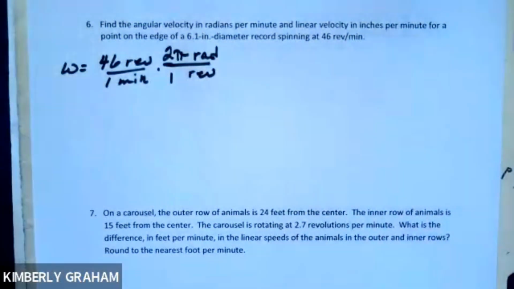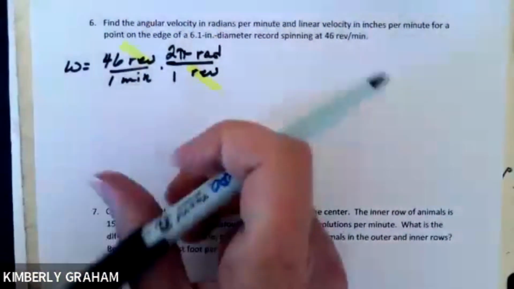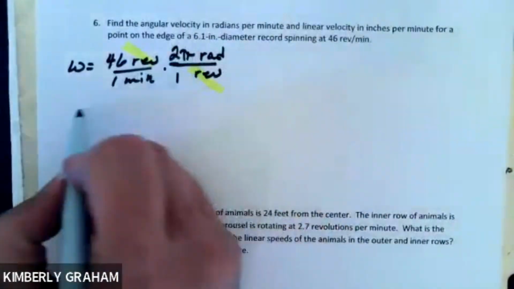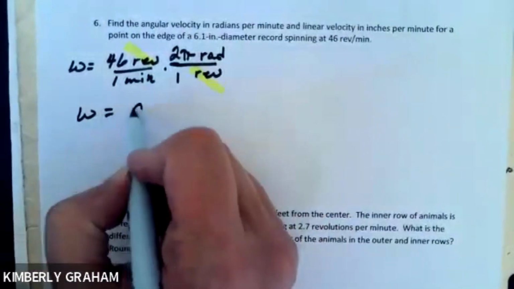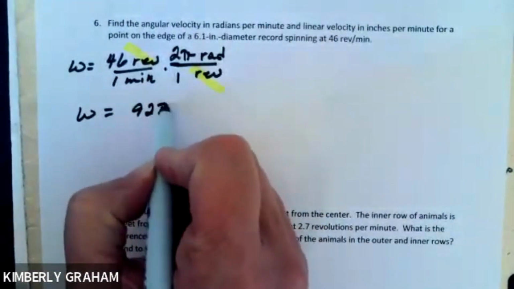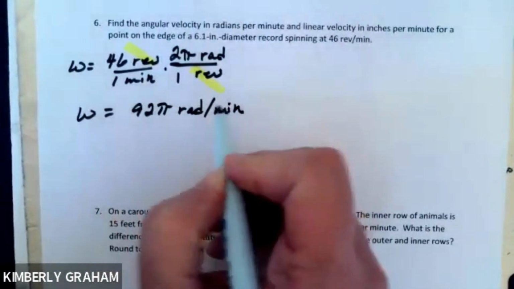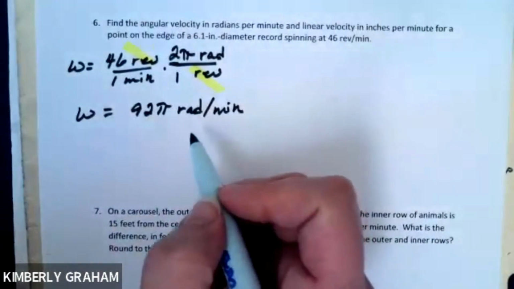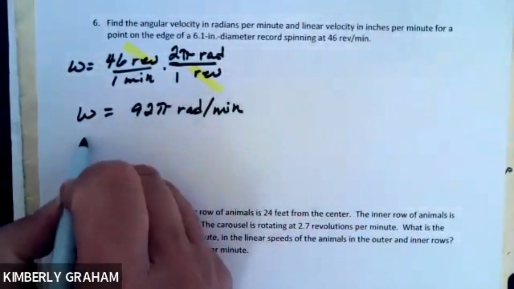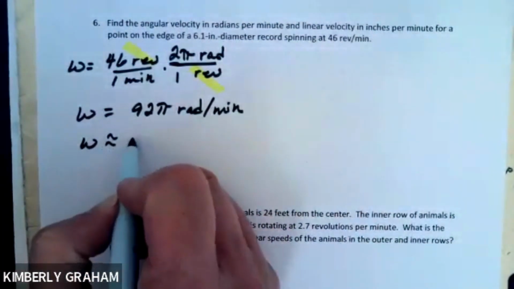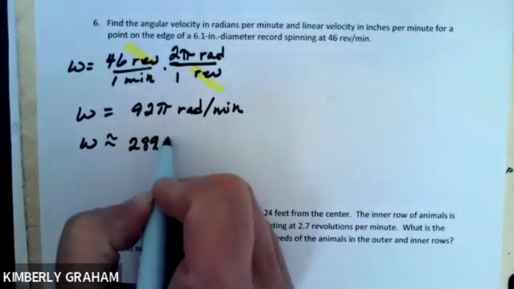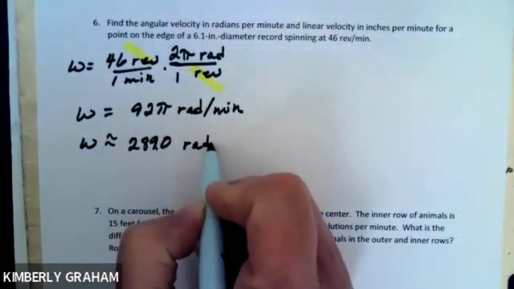And then I can see that revolutions are going to cancel. So I end up with 46 times 2 pi, which is 92 pi radians per minute, and that's my exact value. And if I wanted to round that, that is going to be approximately 289 radians per minute.